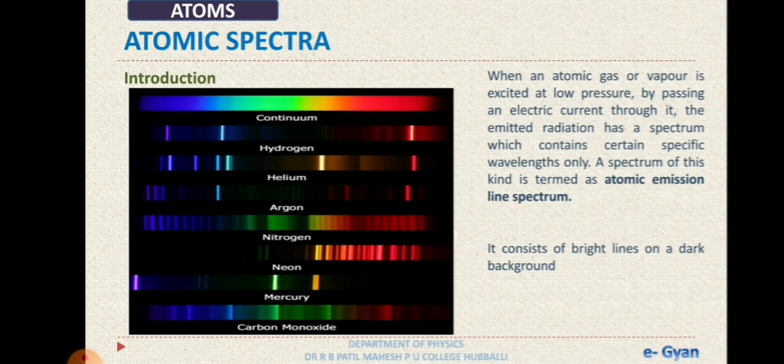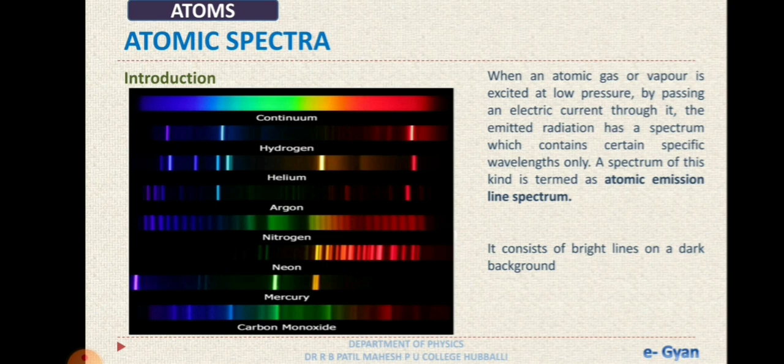Whenever it is an elemental spectrum, an atomic spectrum, we have sharp lines, as we find in hydrogen, helium, argon, neon and mercury. Whereas in nitrogen and carbon monoxide, we find bands. So basically it is not an atomic spectrum, it is a molecular spectrum. That's what the difference is.